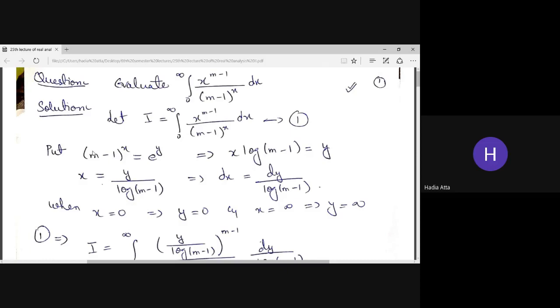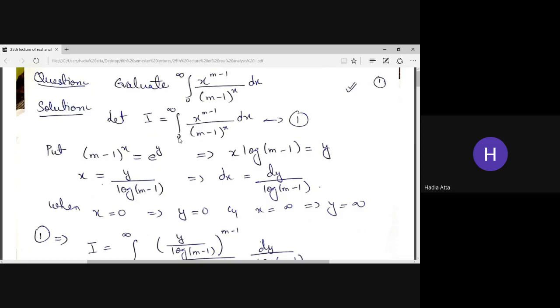If you take log on both sides, we get x log of (m minus 1) is equal to y. To find the value of x, shift log (m minus 1) to the right hand side, and now differentiate. So dx is equal to dy divided by log of (m minus 1). If you change one variable into another, you must change the limits of integration.